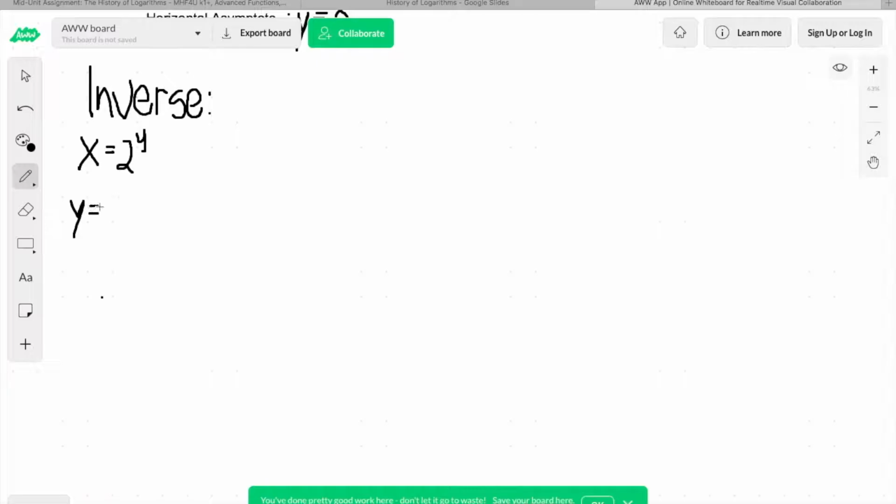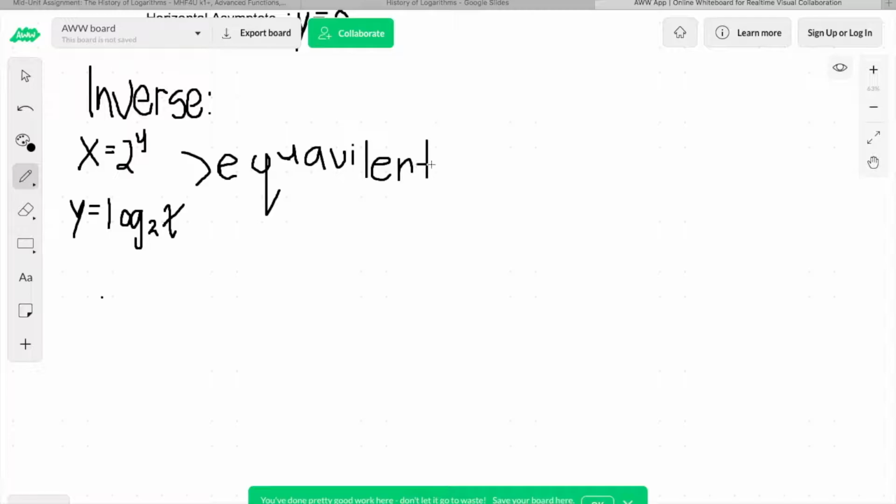So mathematicians made a new notation, and this new notation is y equals log base 2 of x. Both of these functions, the new notation and the inverse of the exponential function, are equivalent. They're just two different ways of writing it, and the second function is called the logarithm function.